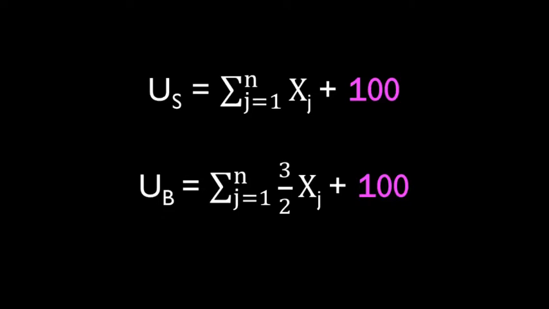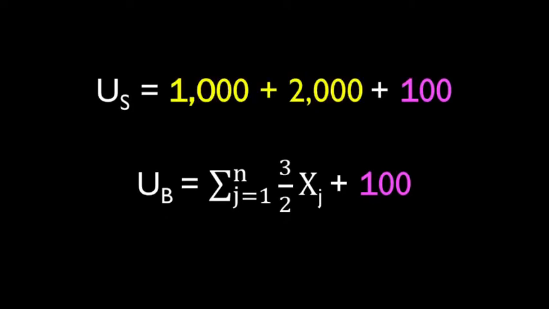If those two used cars were sitting on seller's driveway, how much utility would he get out of them? Well, he'd get 3,000 units of utility out of them. So overall, his utility would be $3,100.